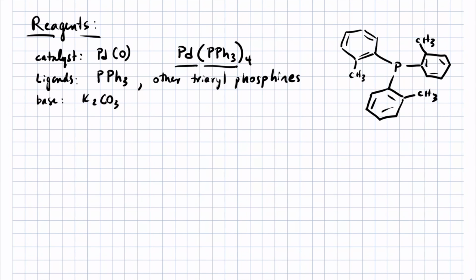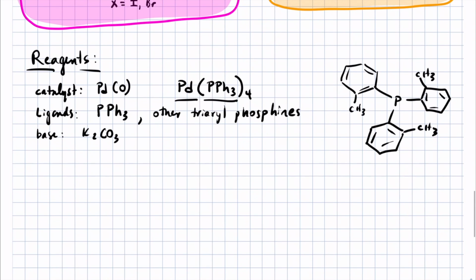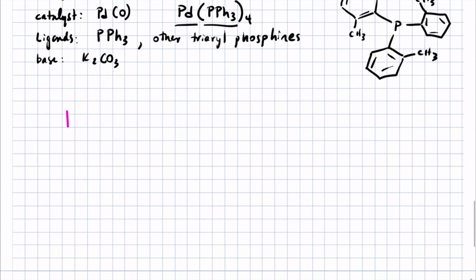And so let's give you an example of a cross-coupling reaction based on palladium. Here is going to be your aryl halide. Let's just let it be the bromide.